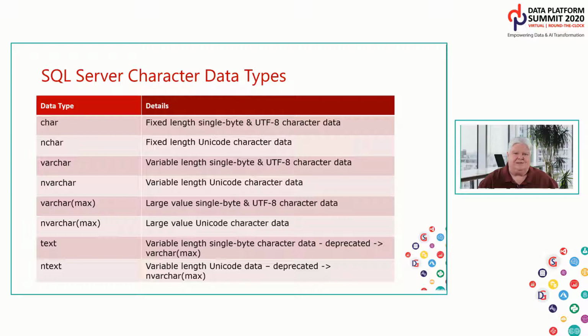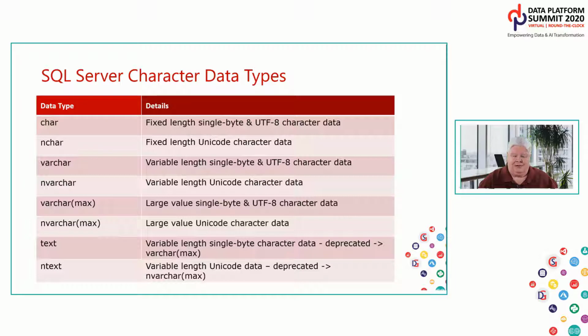Now, there's a big difference, though, between the new versions of the data types and the old ones. So let's start there by saying that when you had a text or ntext data type, the way it worked is that SQL Server didn't store the value in the row with the rest of the data. It just put a pointer in the row to a blob, basically, that was where the data was then stored.